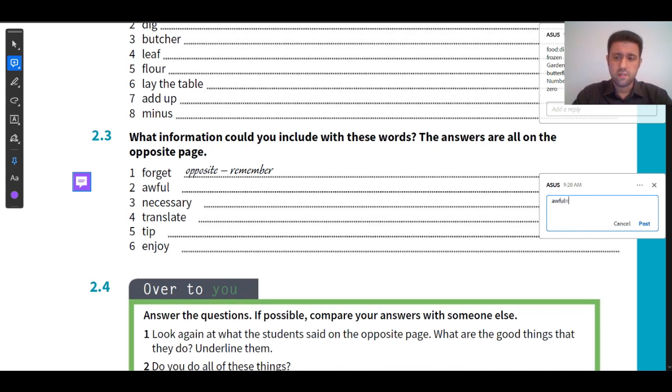The opposite for awful is terrible. Necessary. The opposite for necessary is unnecessary.